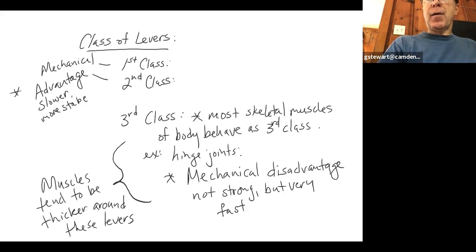The muscles compensate by being strong and thick, whereas the muscles around class 1 and 2 levers tend to be shorter and not as big because they have the mechanical advantage of the lever itself. The muscle doesn't need to be super strong to produce a powerful contraction or powerful movements.